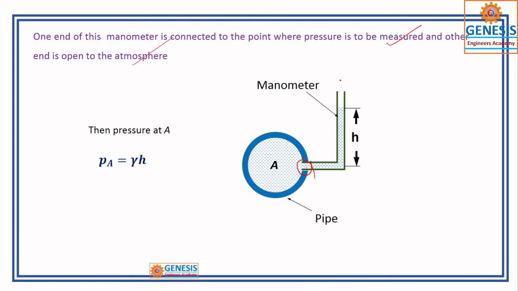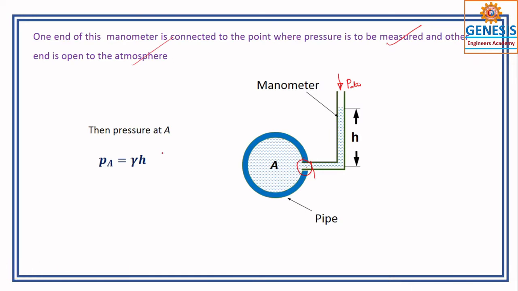The other end is connected to the atmosphere, so the pressure acting on this liquid column is atmospheric pressure. Making use of the hydrostatic law, we are going to find the pressure. The hydrostatic law measures gauge pressure only.